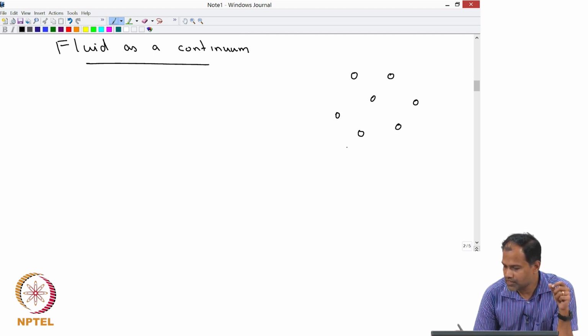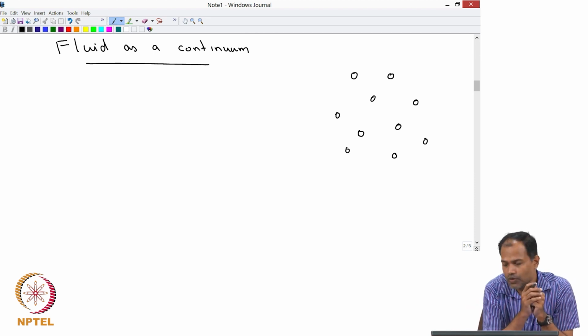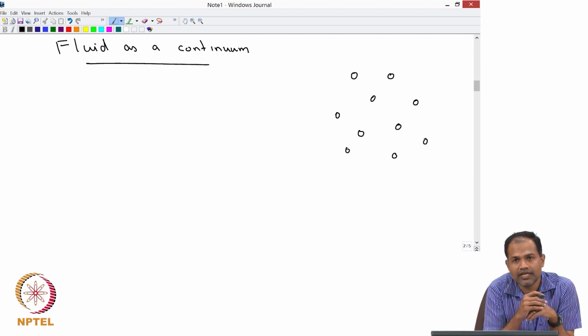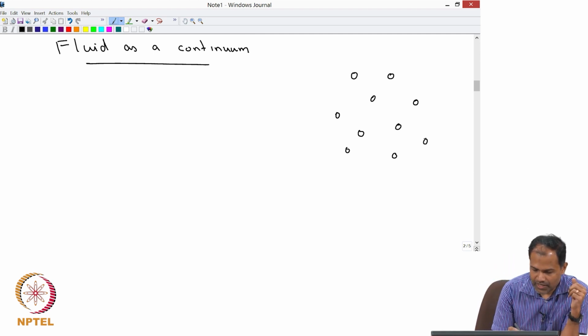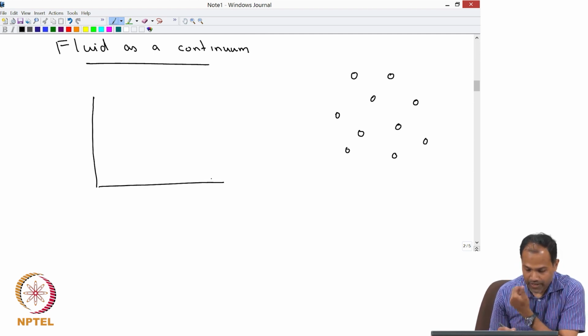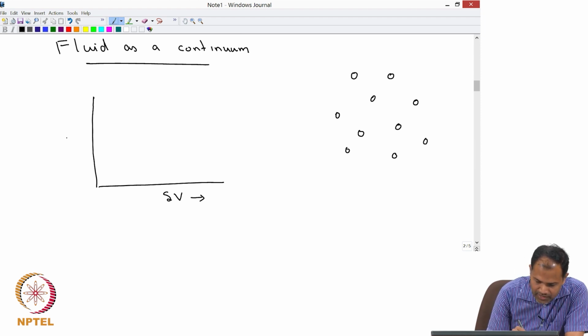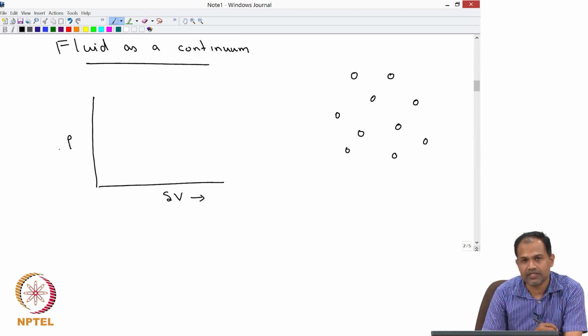Each of these circles, let us say, represents the location of a molecule at a given time. And my intention now is to plot a graph where on the x axis I will plot a volume, and on the y axis I will plot a density.